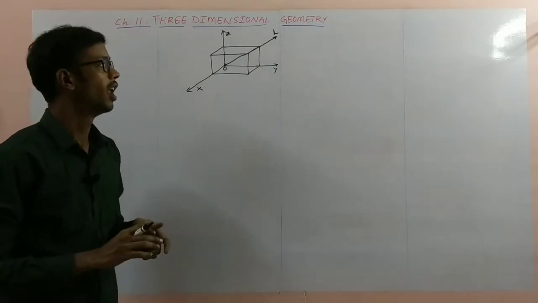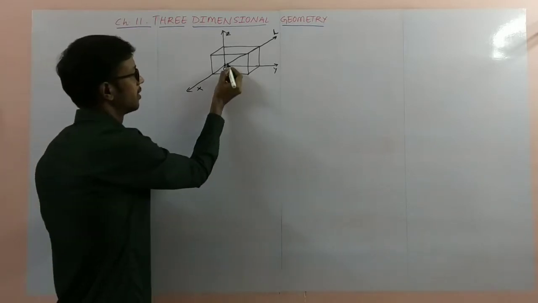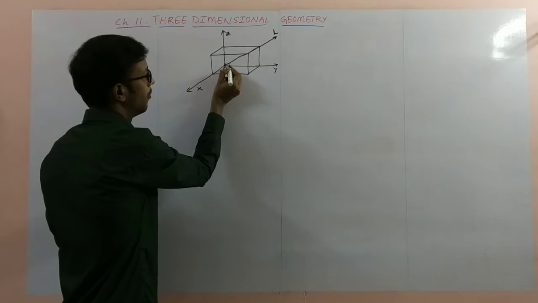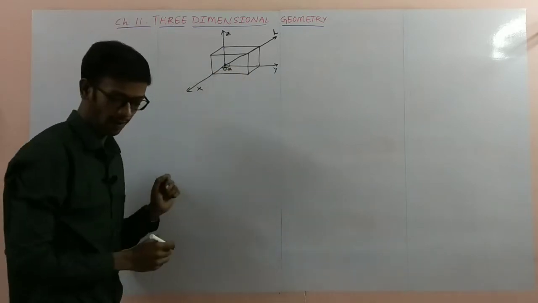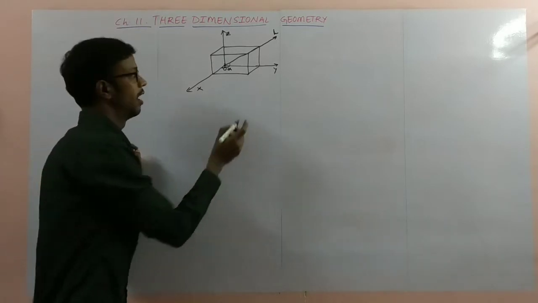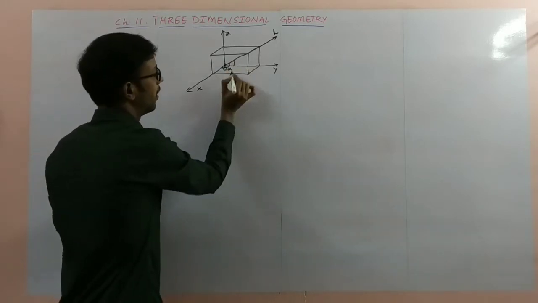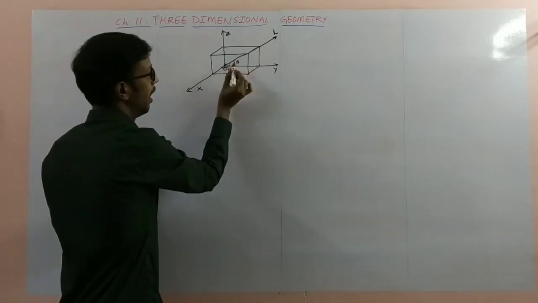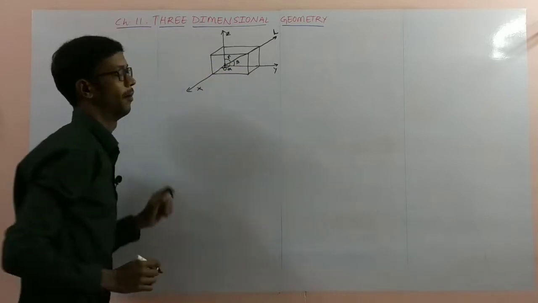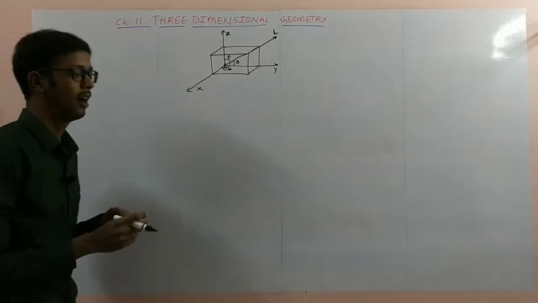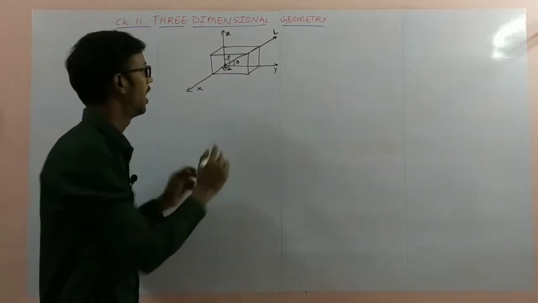Now the line L makes an angle alpha with the x-axis, an angle beta with the y-axis, and an angle gamma with the z-axis.